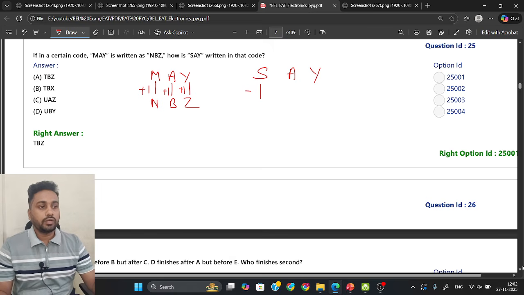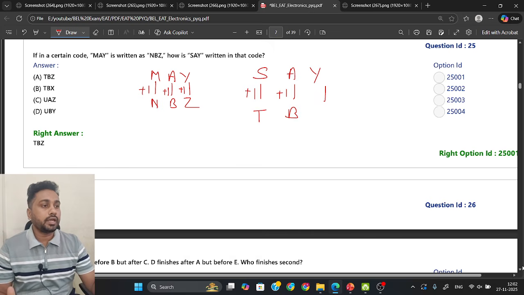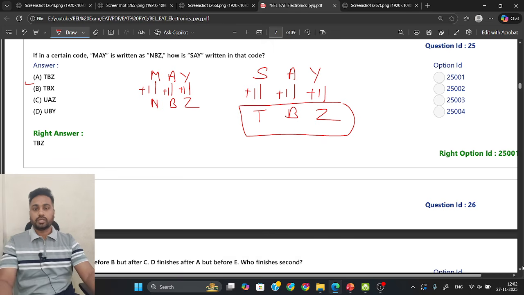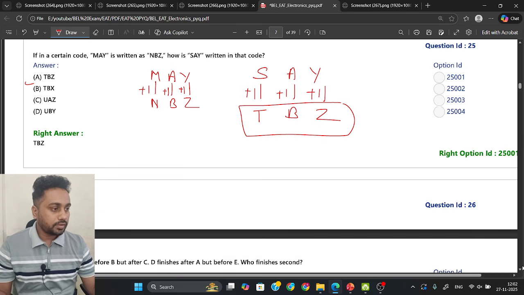After S, if you do plus one, you get T, after A you get B, and after Y you get Z. So TBZ is your answer. Option A is your right answer.